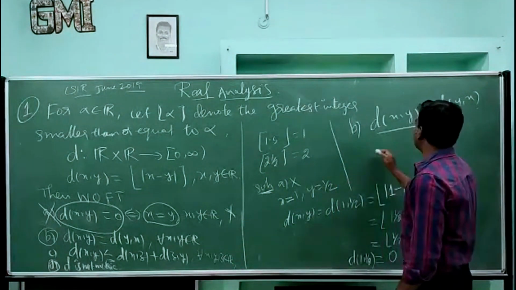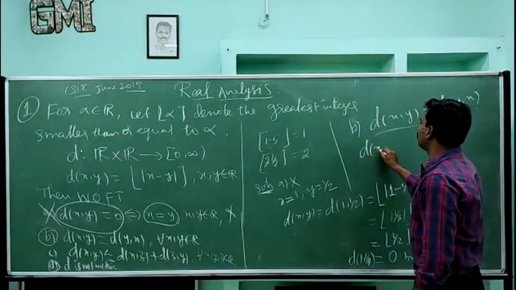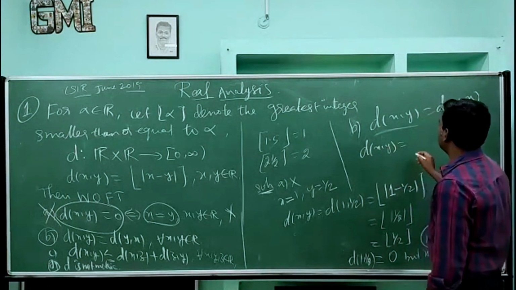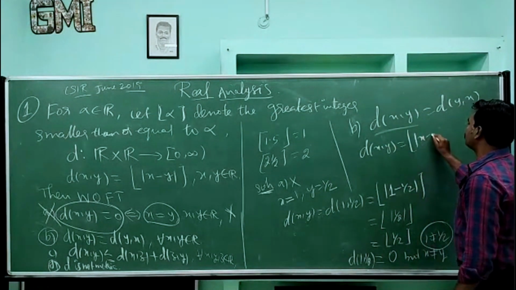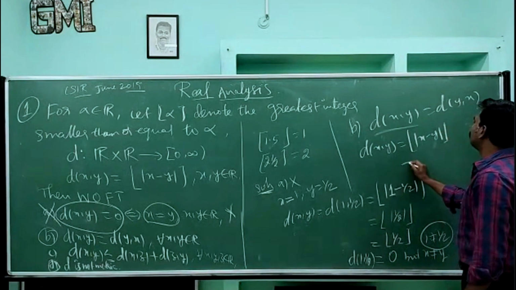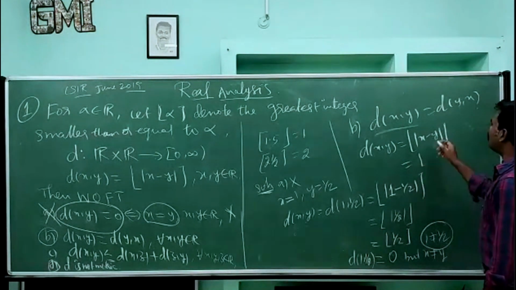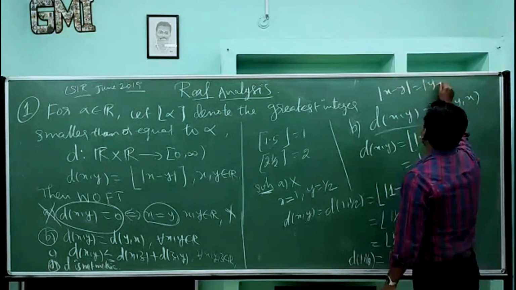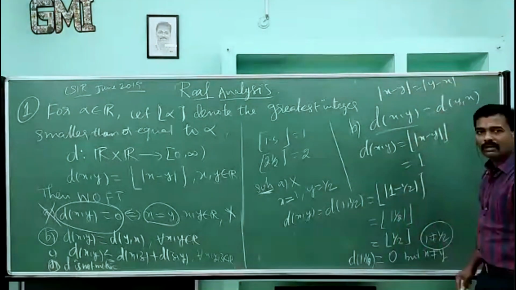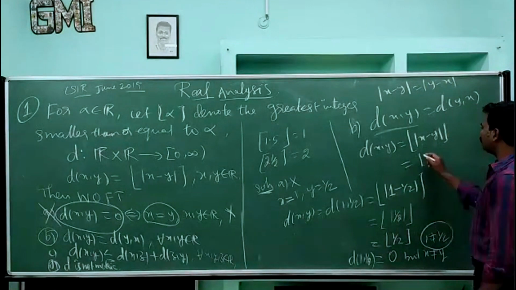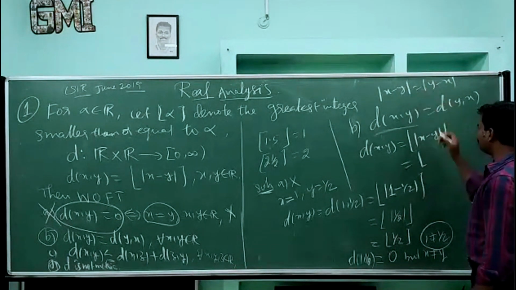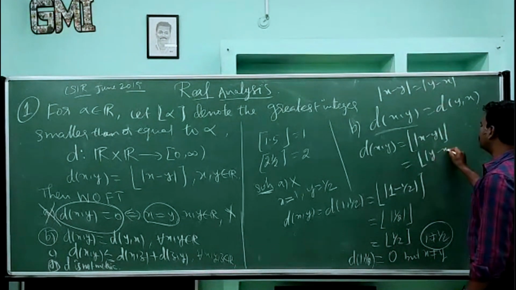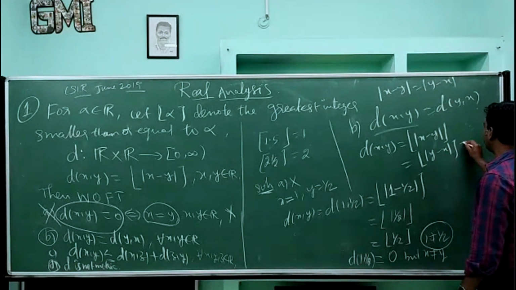What is the definition of d(x, y)? d(x, y) equals the greatest integer of modulus of x minus y. Modulus property, you know, right? Mod of x minus y equals mod of y minus x for every x, y in R. So according to that property, we can write mod of y minus x. There is no problem.